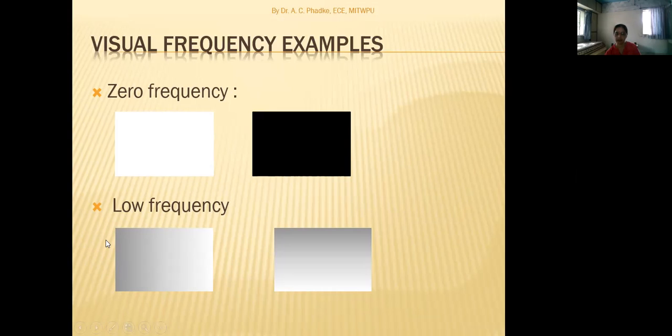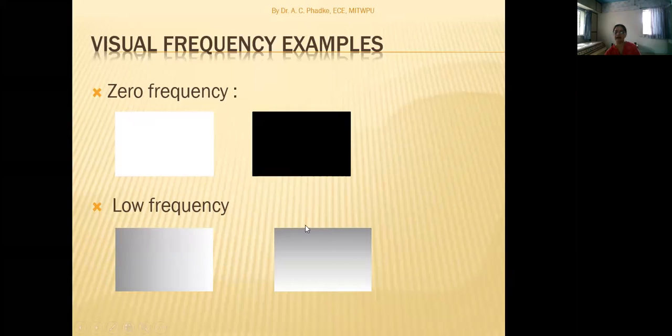Along rows, pixel values remain the same, having a constant intensity value. So for this image, we can say along the rows frequency component is 0, but along the columns there exist low frequencies.